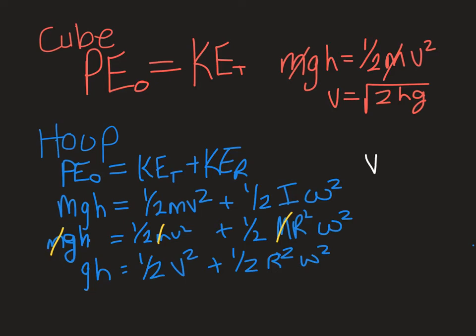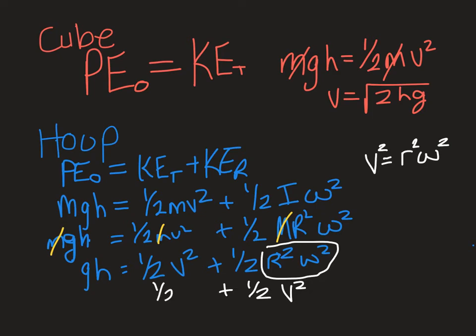I learned earlier that the tangential velocity of an object was related to the radius of that object and its angular speed. I have similar terms right here, but they're squared. What this means is that if I have a radius squared and an angular velocity squared, then I really have a tangential or linear velocity squared as well.